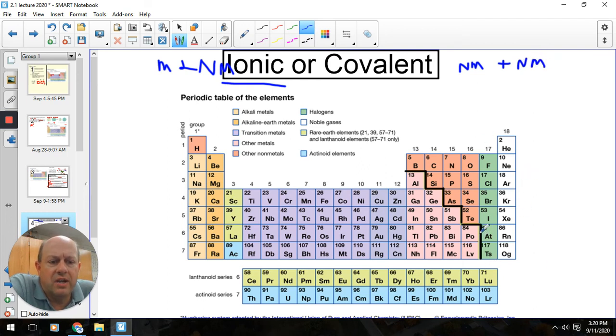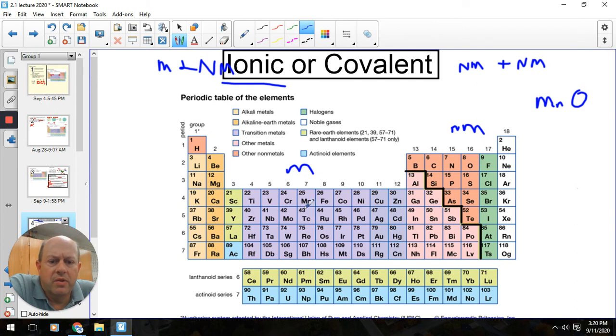And so this jagged line here, this is our divider. So you can see there's a whole bunch more metals on this side than there are non-metals on this side. So if we have a one on here and one here, that would be our ionic bond. So let's say we had manganese oxide.